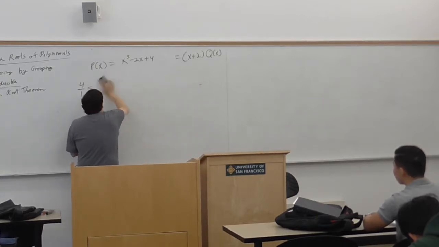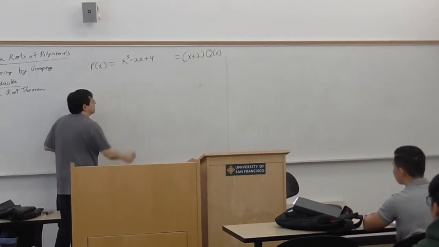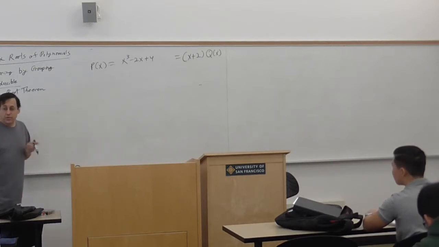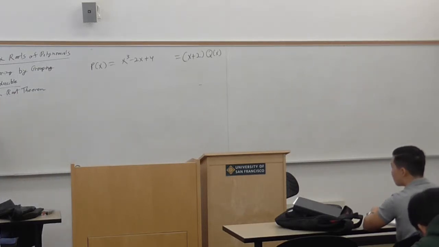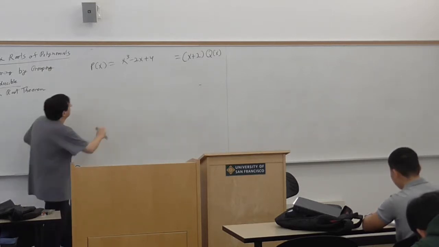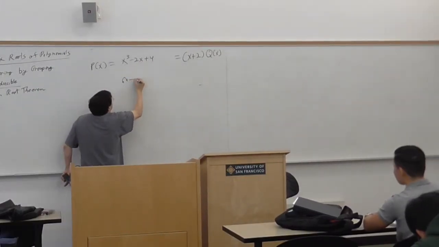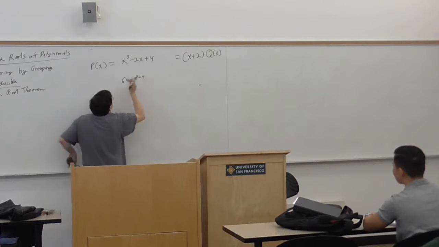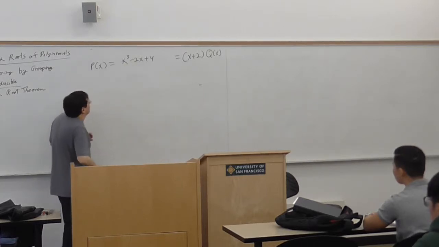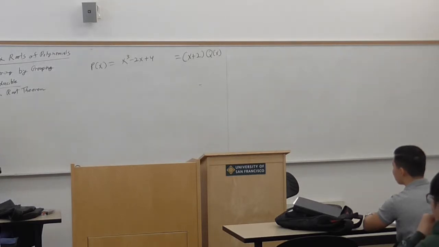We could just continue plugging in, and you may want to do that. In this case, plugging in 4 gives 64 minus 8 plus 4, that didn't work, and negative 4 is nowhere near it. They're not going to work.